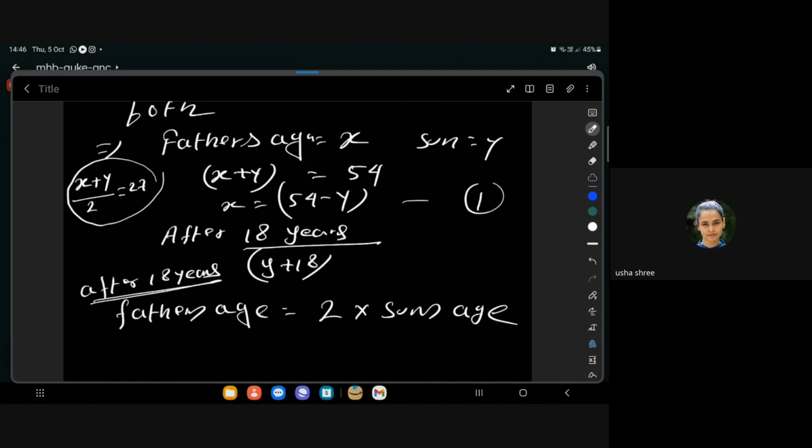Okay, so father's age x equals 54 minus y. Here x plus 18 equals 54 minus y plus 18, and the father's age will be double, so 2 into son's age, 2 into y plus 18.